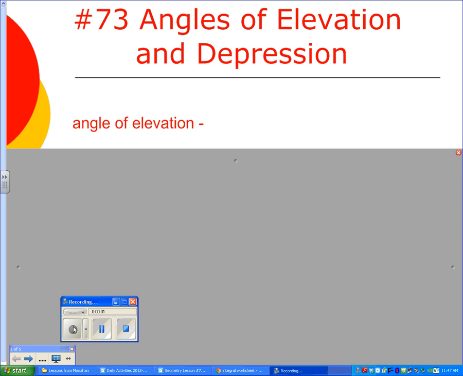We're looking at angles of elevation and depression. Angle of elevation: the angle formed by a horizontal line and the line of sight to a point above.